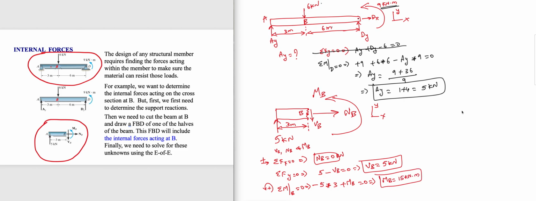So these are the internal forces at B. So if I ask you what are the internal forces at B, you make a cut slightly to the left. I'm going to be more detailed in the question that I ask you. So I'll ask you, what are the internal forces just to the left of B? Then you have to make a cut like this. Solve for NB, VB, MB.